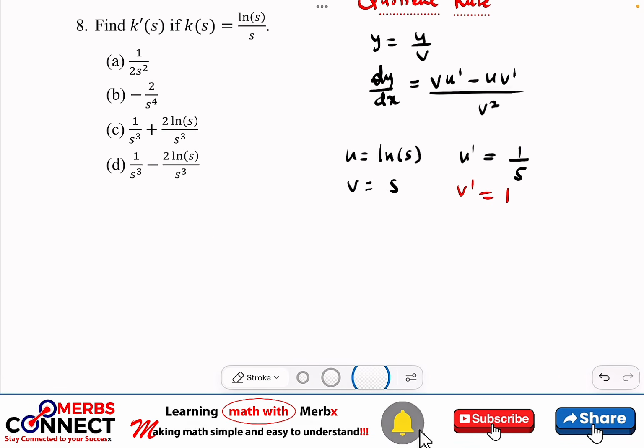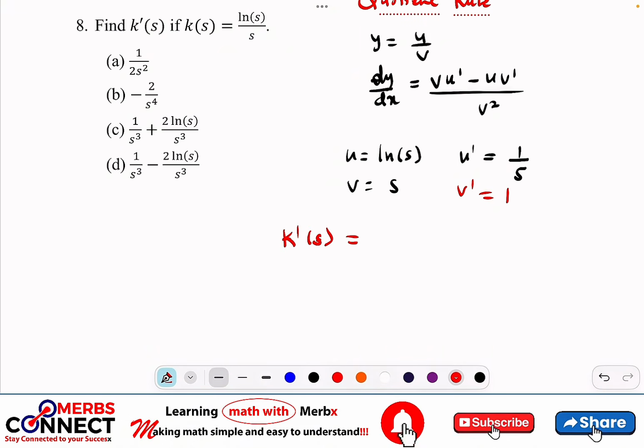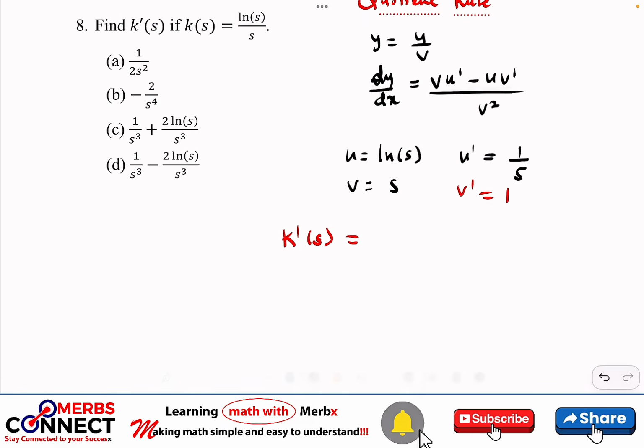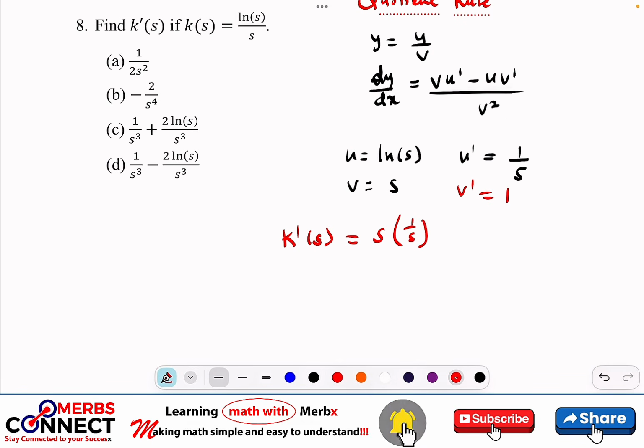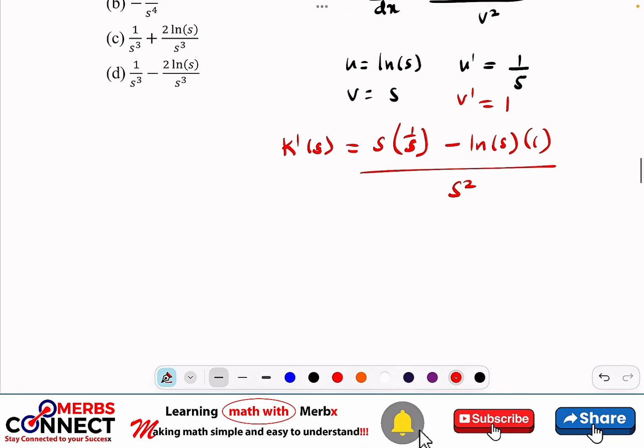Cool. Now let's do substitution. So now k prime of x will be equal to, we are using the formula here. So v is x times u prime is 1 over x, minus u is natural log of x times v prime is 1, divided by v squared, which is x squared here.